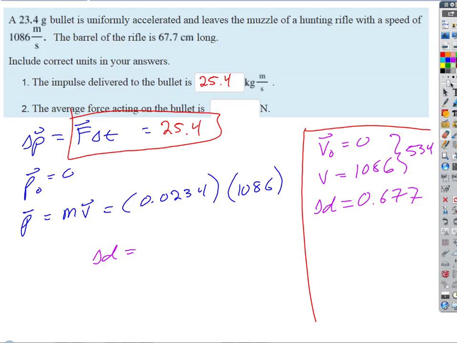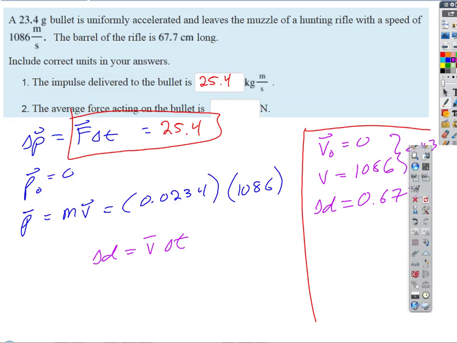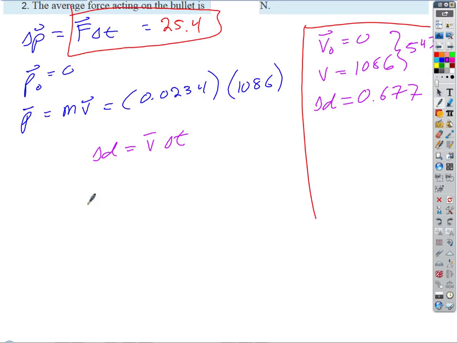Okay, we all make mistakes. So delta D equals V bar, average velocity, times delta T, right? So then delta T, if I divide each side by V bar, would just be displacement over average velocity, right?